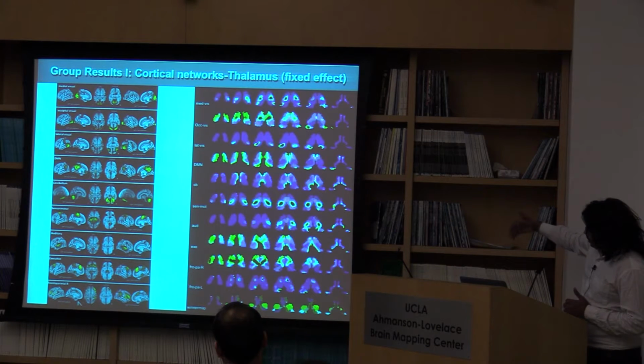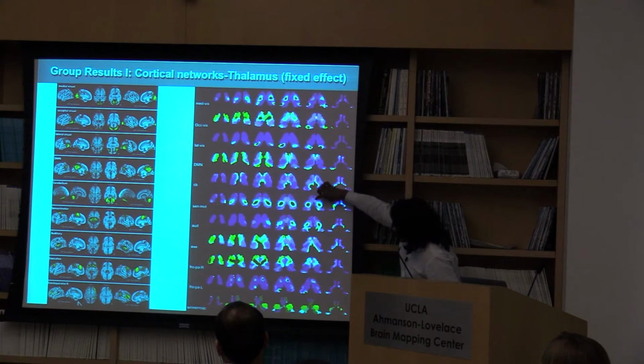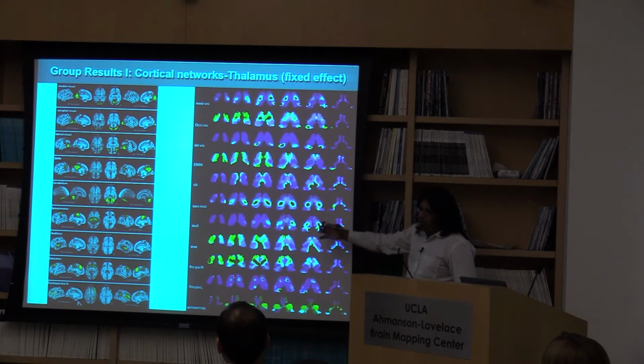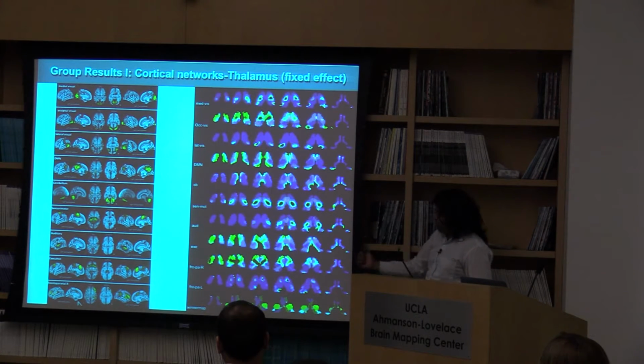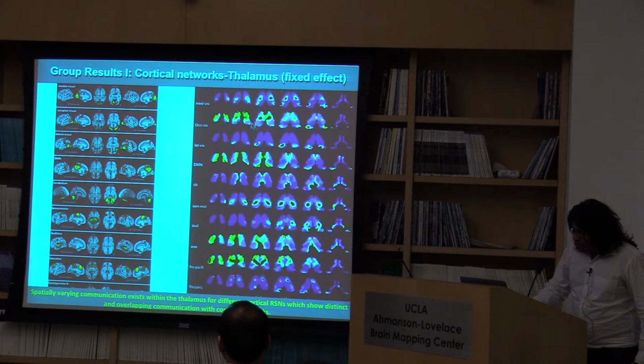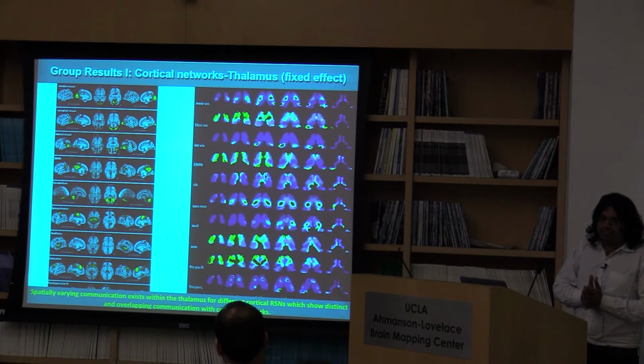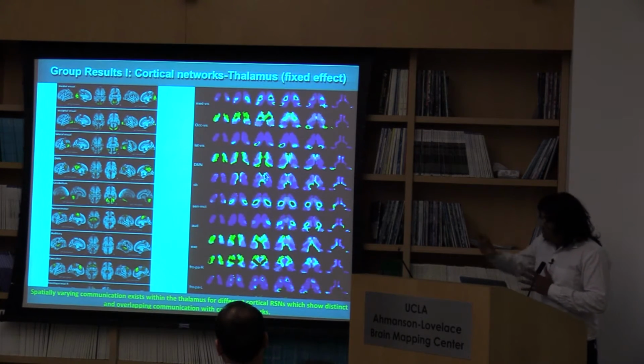So you don't see the color clearly, but this is the red color here. And the red color shows the strongest correlation with the cortical functional networks in the thalamus. And we found that there is a spatially varying communication within the thalamus for different cortical resting state networks, which show distinct and overlapping communication with the cortical networks.